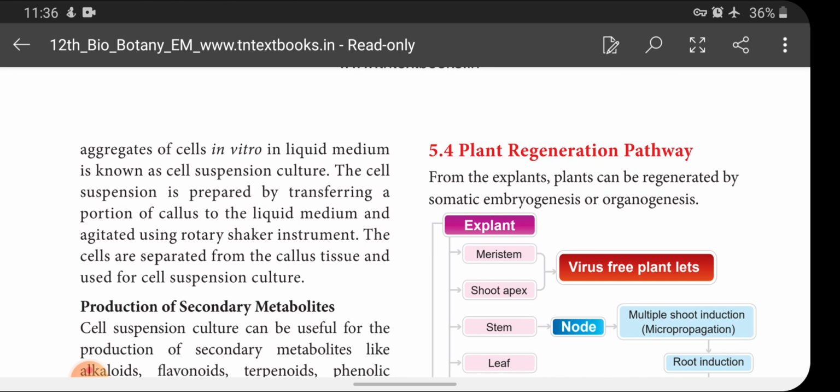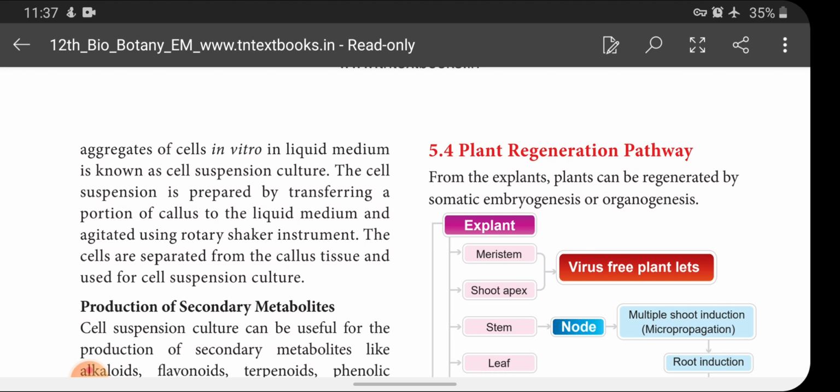Agitation means shaking. By agitating, the cells are separated from the callus and used for cell suspension culture. Now we can use it for the cell suspension culture.